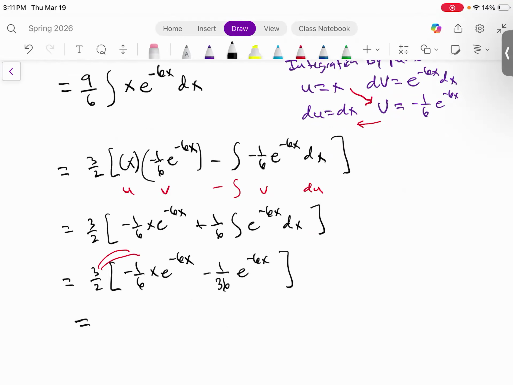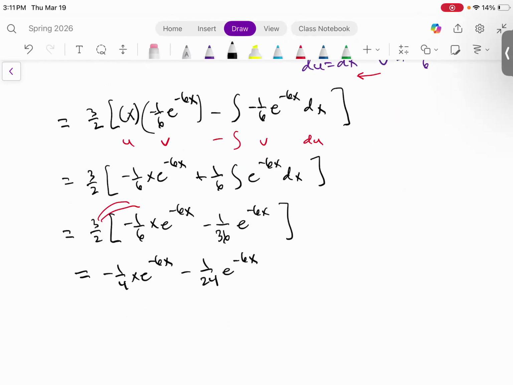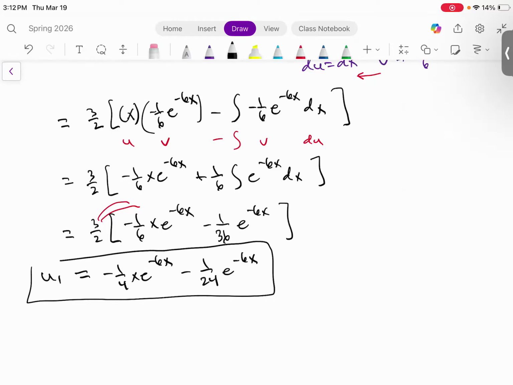And this ends up being negative 1/4 x e to the negative 6x minus 1 over 24 e to the negative 6x. And so U1 equals this, instead of having to rewrite it.